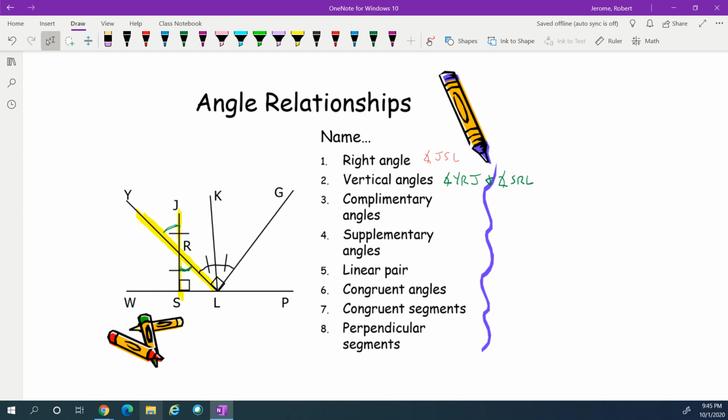We certainly could have used the other two, the obtuse ones. So we could have said angle YRS and angle JRL. That's another pair of vertical angles.